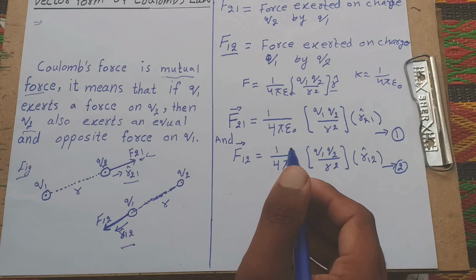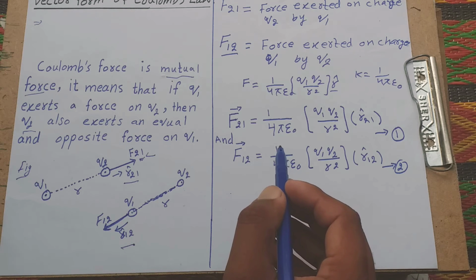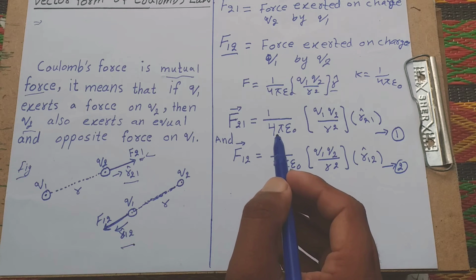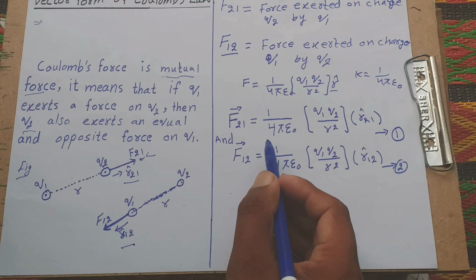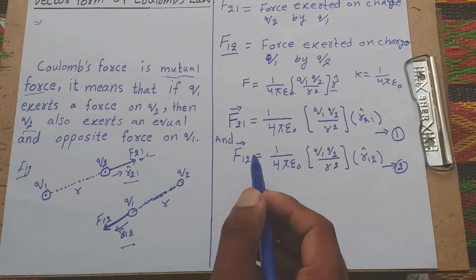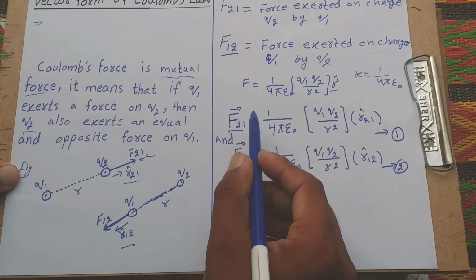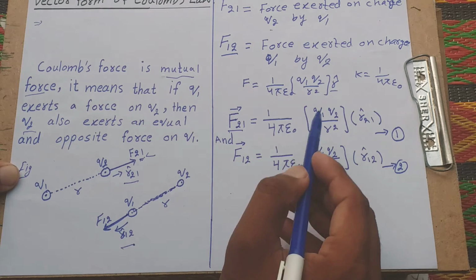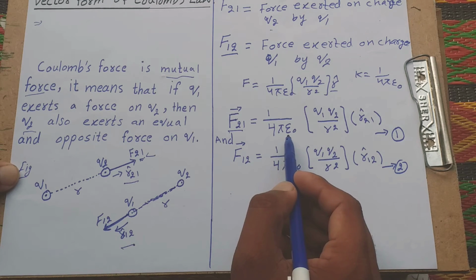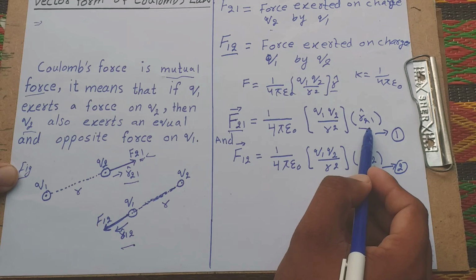F21, the force exerted on charge q2 by q1, is equal to 1 over 4 pi epsilon naught, q1 q2 over r squared, times the unit vector r21.